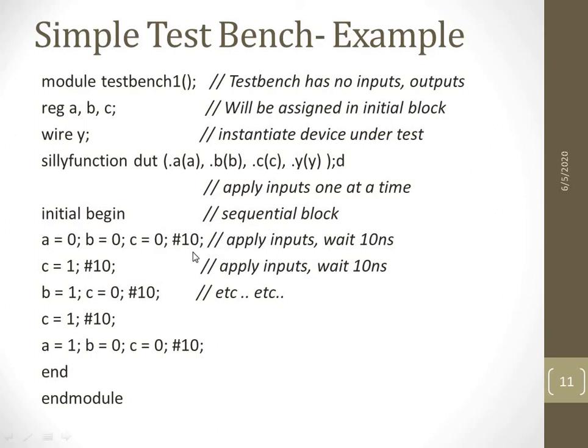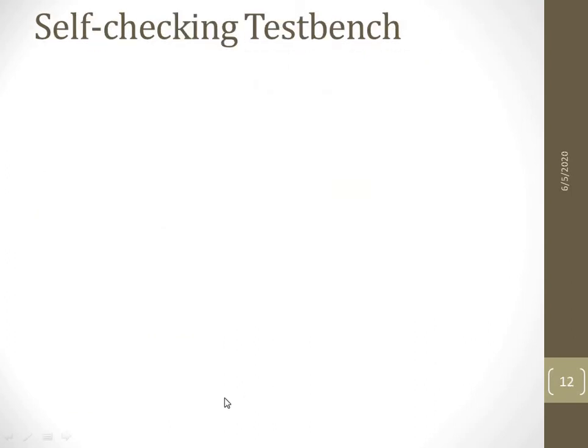It could be 1 nanosecond or 2 nanoseconds or any number of nanoseconds, but we are supposed to ask it to wait so that, with human eyes and the timing diagram on the waveform, we can trace out and clearly say whether the result is correct or wrong in the result analysis block, and then end your initial block and end the module. So this is how we write a simple test bench.